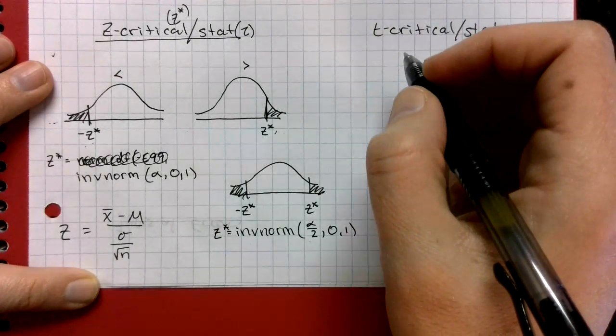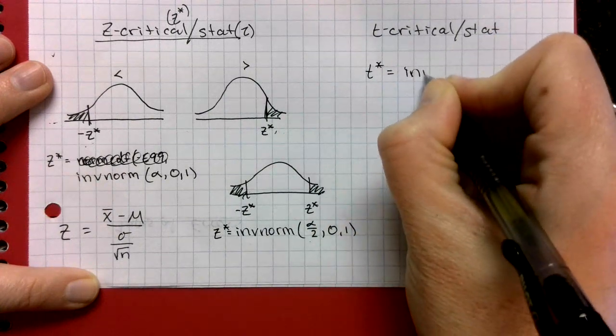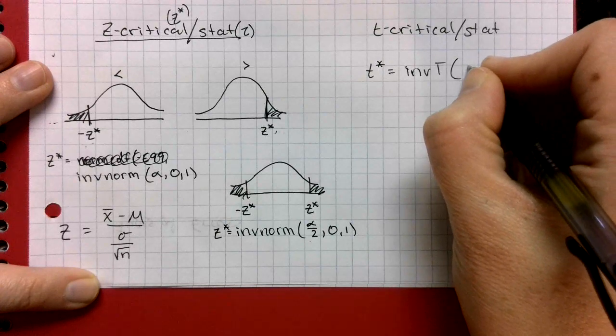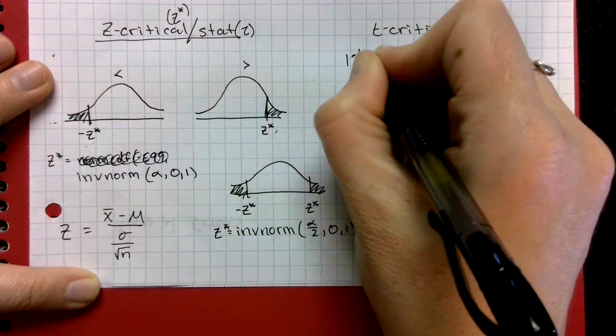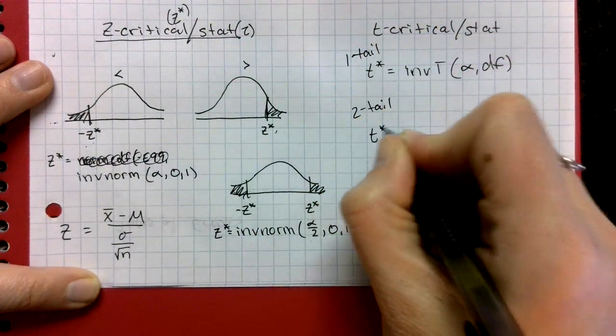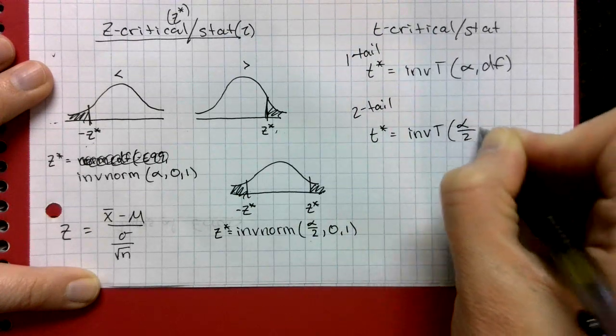Now for your t-critical, same pictures, except we're using inverse t. So if it's a one tail, it's just alpha and then your degrees of freedom. If it's a two tail, we have to again imagine that alpha being cut in half.